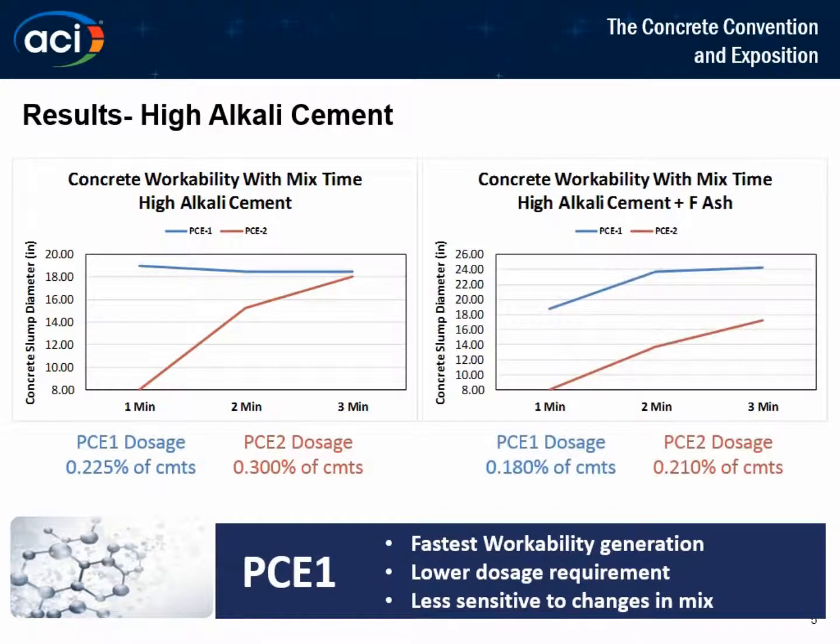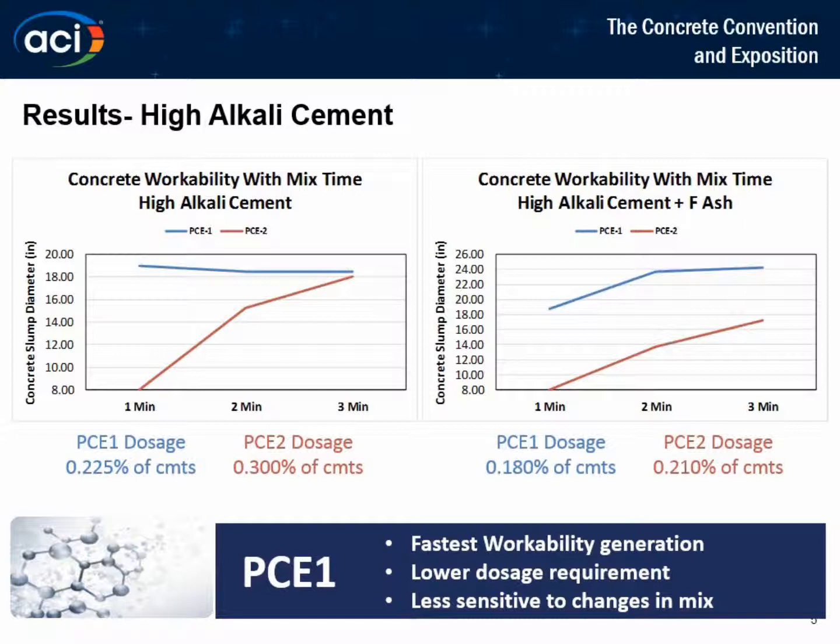Those trends are directionally the same with our second mix design. Again, this is in high alkali cement. You can see the blue line represents, again, the performance of the faster dispersion technology versus the red line, the general use polymer characteristics.